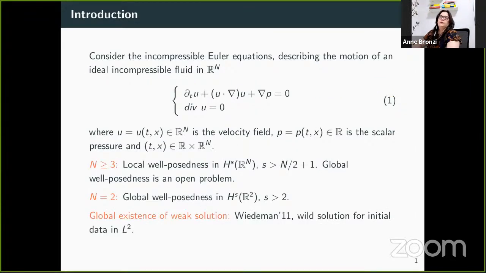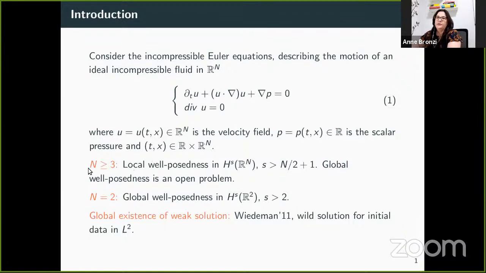Okay, so let me start by recalling some of the properties and known results for the Euler equations. This is the system, the incompressible Euler equations. U is the velocity field, P is the pressure.